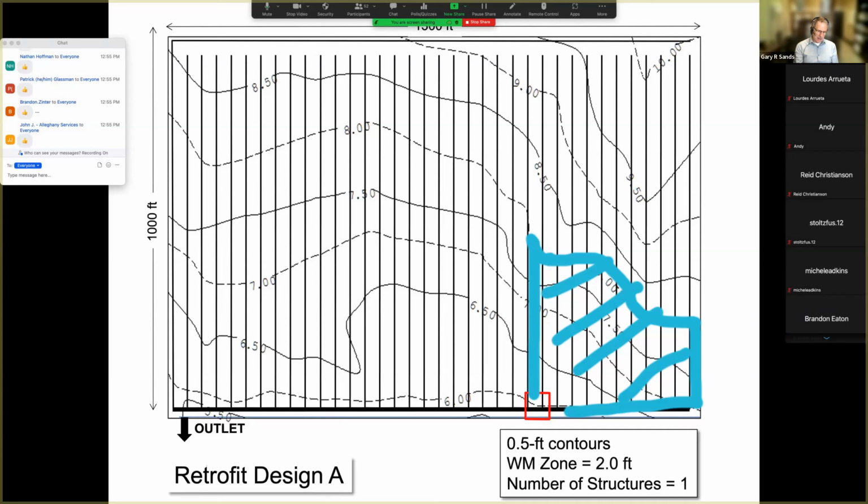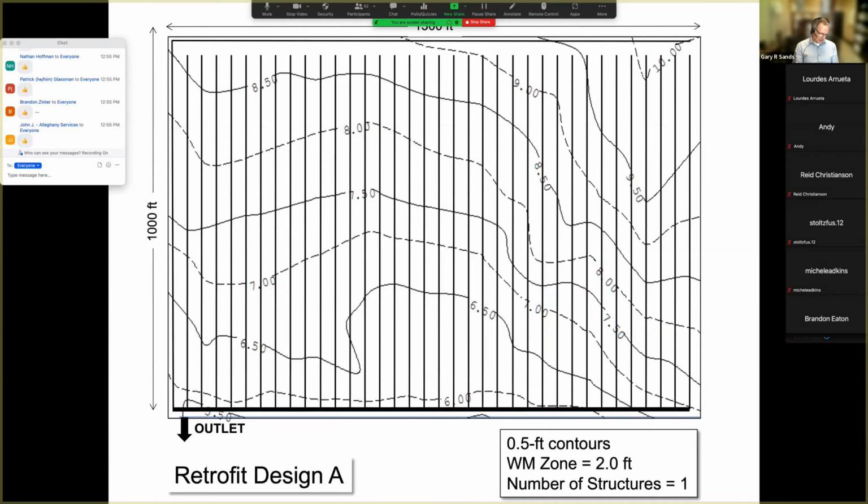So let's take another crack at this, and let's go more toward the outlet here and do a couple of different things.